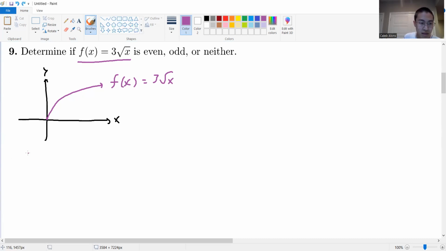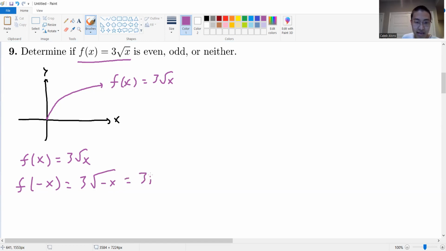So f of x is 3 times the square root of x, which means that if we substitute minus x, we have to put a minus x every single place where there is an x. And so that gives us the square root of minus x. Now, the square root of -1 is i. So this is going to be 3i times the square root of x.